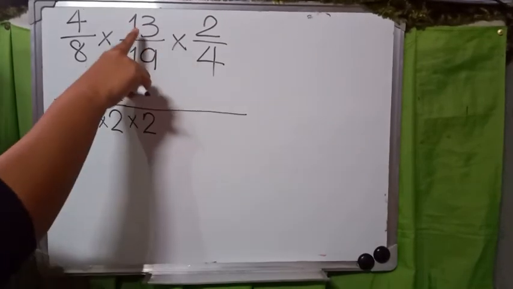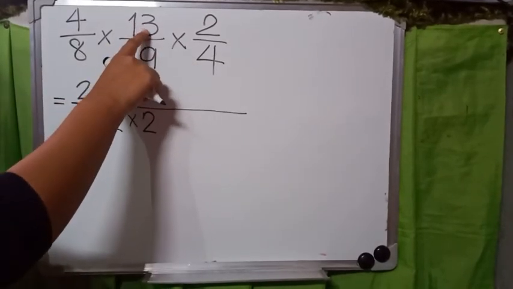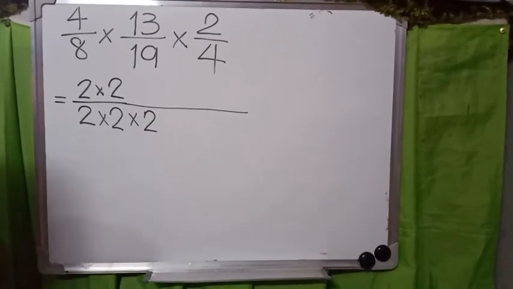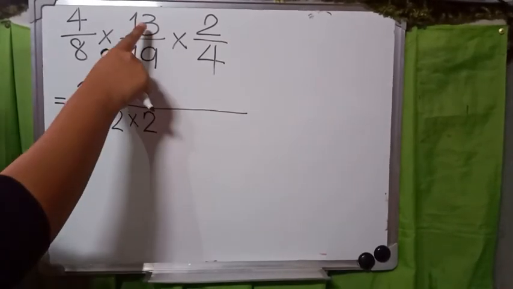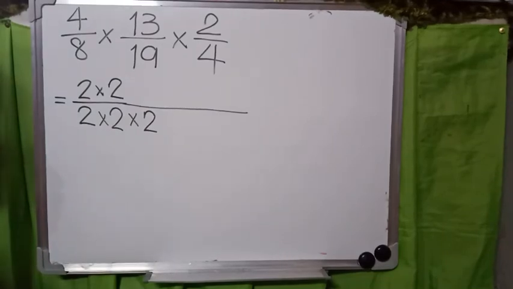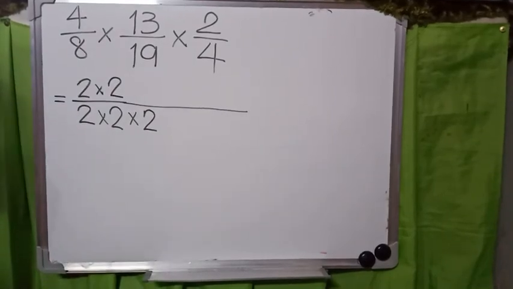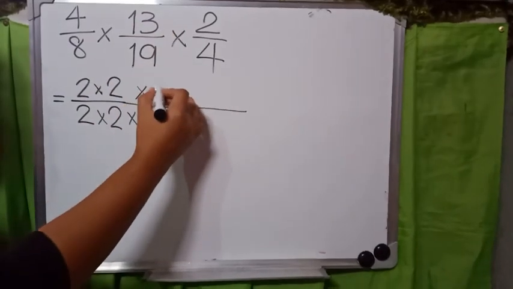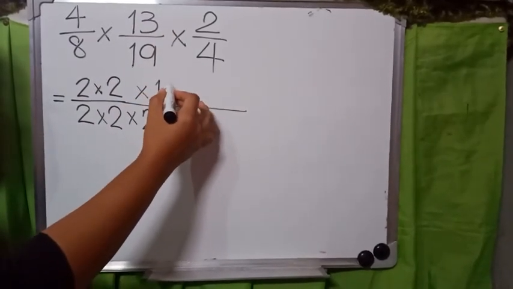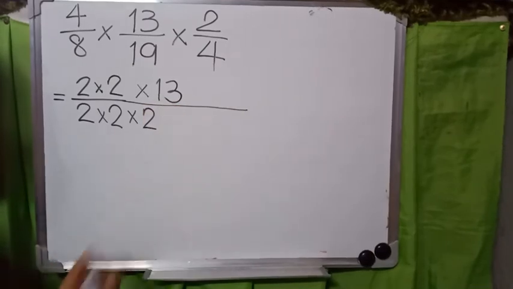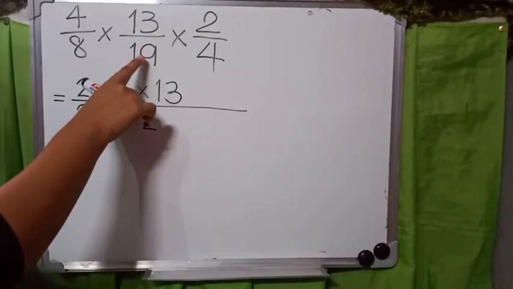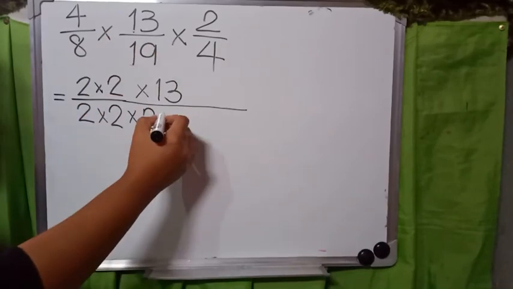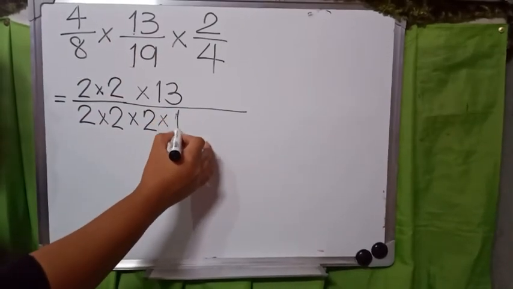Let's go with the second fraction. What two numbers can we multiply to get 13? No other than 1. So we'll just copy our 13 because 13 is a prime number. And also our 19. 19 is also a prime number, so we'll just copy 19.